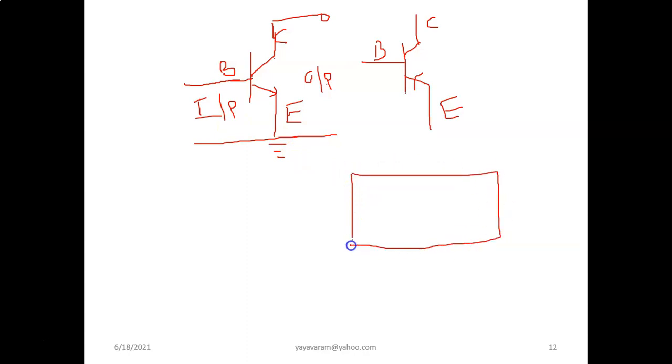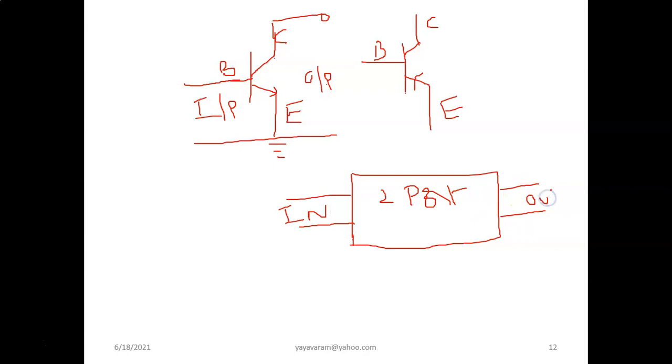You might have come across in your network theorems or circuit analysis or any subject, a two-port network. What is a two-port network? Actually, a network is a simple block diagram, a network which has two ports, that is one input port and one output port.